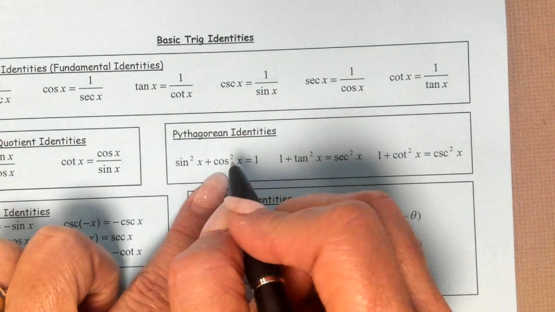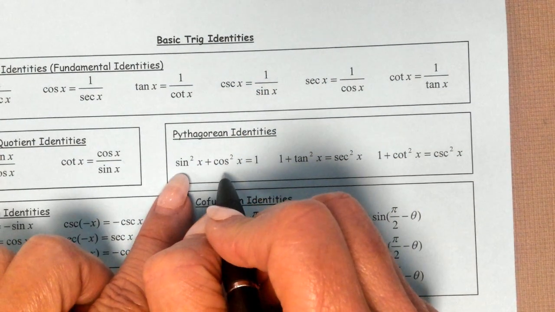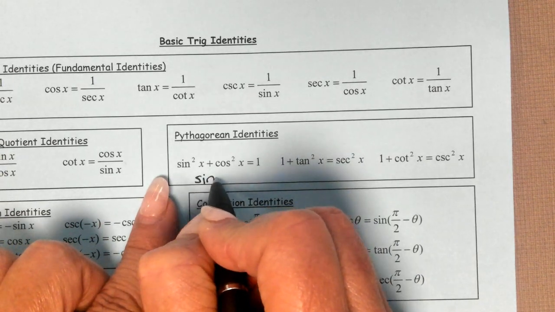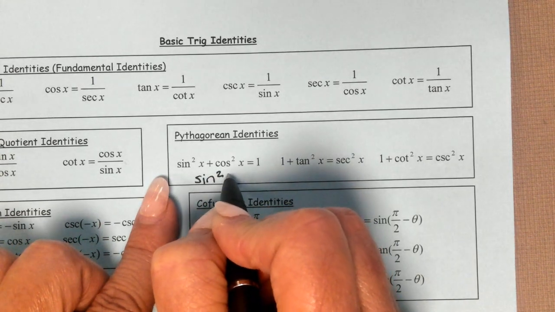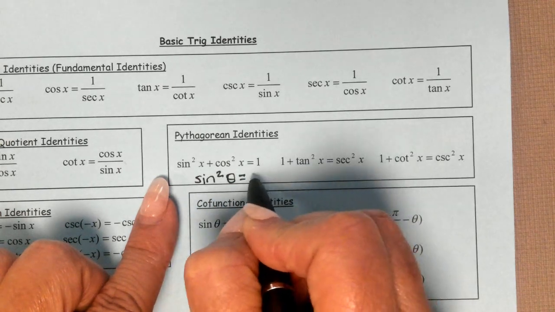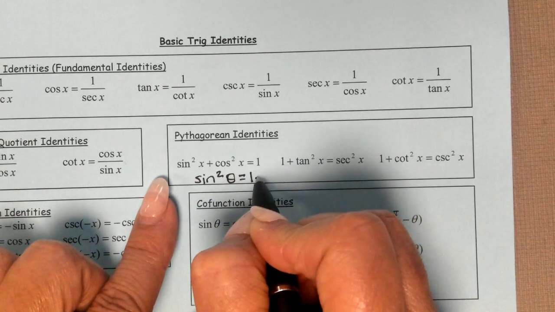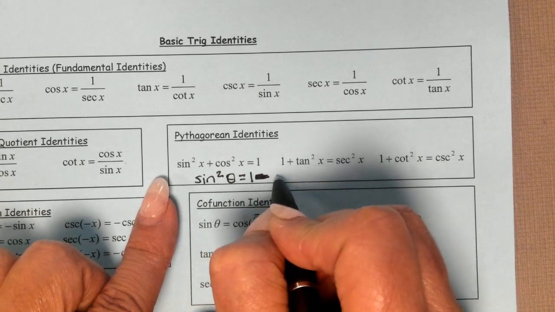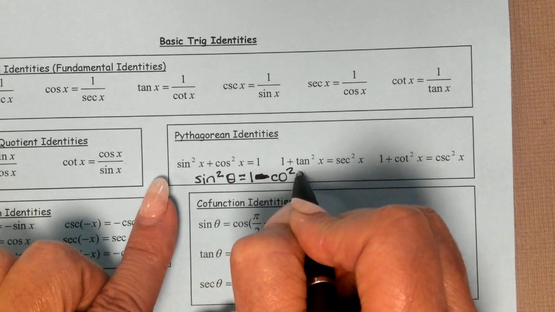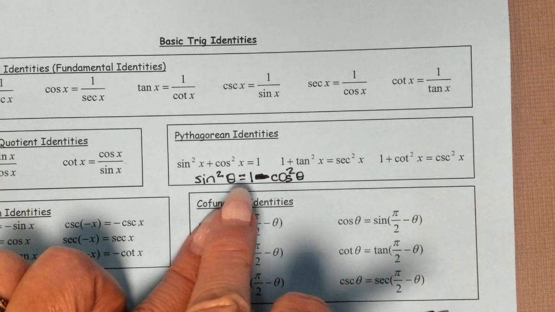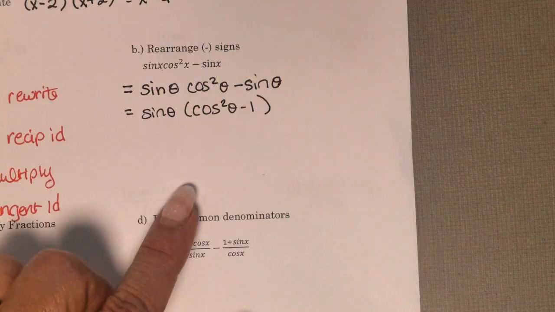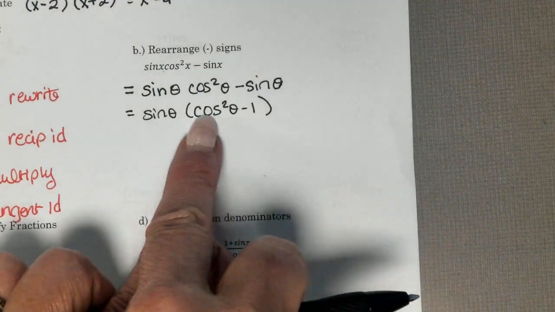For example, if I was to subtract cosine squared from both sides of this equation, I would have sine squared theta equals 1 minus cosine squared theta, where the 1 is positive and cosine is negative. Notice it's just the opposite here.